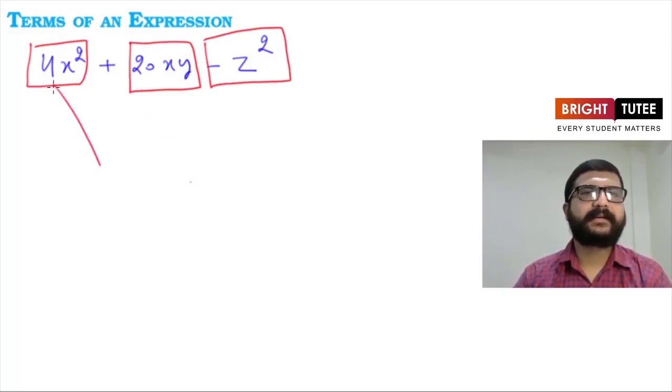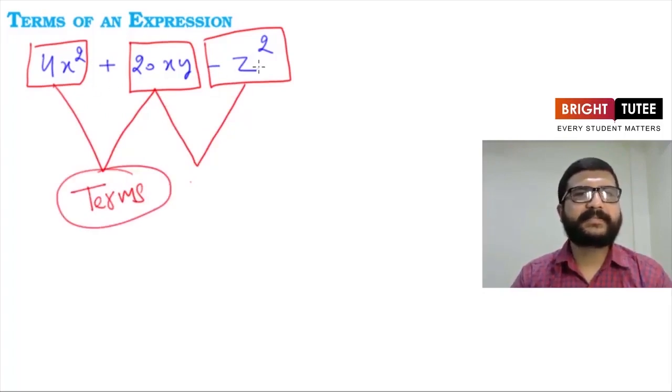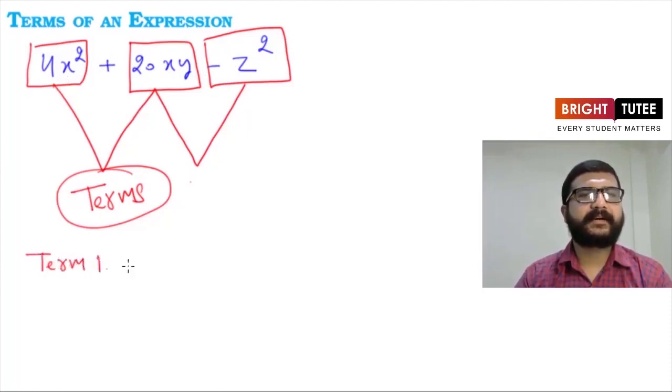Now all these are terms of the algebraic expression. These are terms. So in this algebraic expression there are three terms. The first one is, or we can write like this, term 1, this is 4x square.